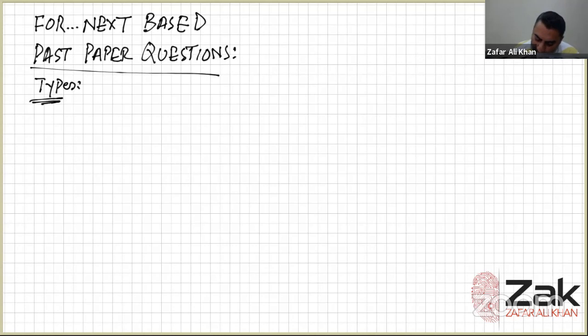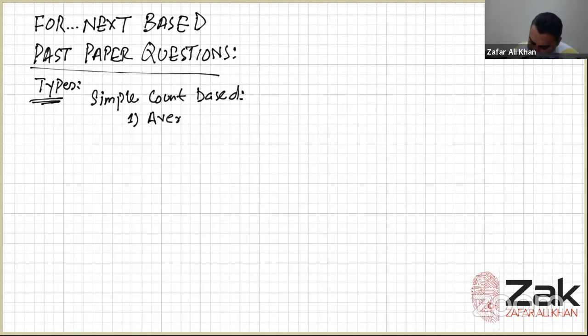अब देखें दो ब्रॉडर टाइप्स तो हैं कि जहां पर हमें सिंपल फॉर्नेक्स इस्तेमाल करना होगा. सिंपल काउंट. अब सिंपल काउंट बेस्ड में पहली बार में जो हमारे पास क्वेश्चंस आएंगे वो हमसे रिक्वायर करेंगे कि हमें एवरेज मालूम करनी है. हमें पता है कि एवरेज इज बेस्ड ऑन टोटल and average is based on count both.